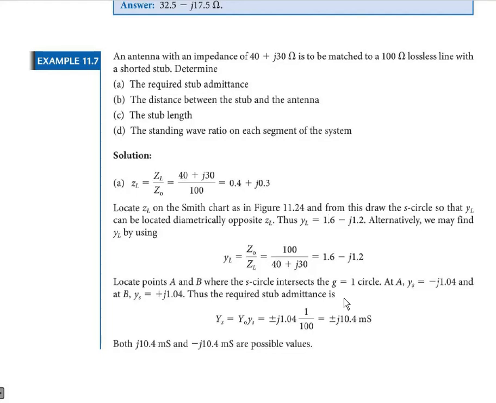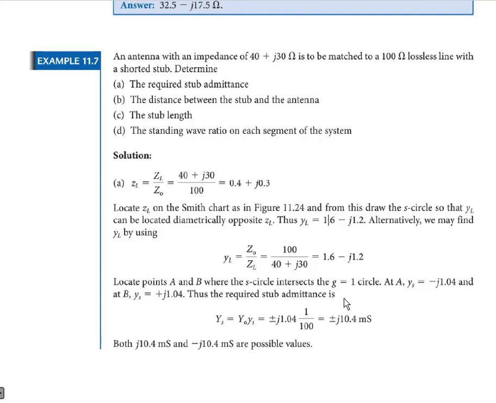After getting the admittance, we need to find where the R equal to 1 circle is, or in terms of admittance, the G equal to 1 circle. Then you find the meeting point of this R equal to 1 circle and the VSWR circle.